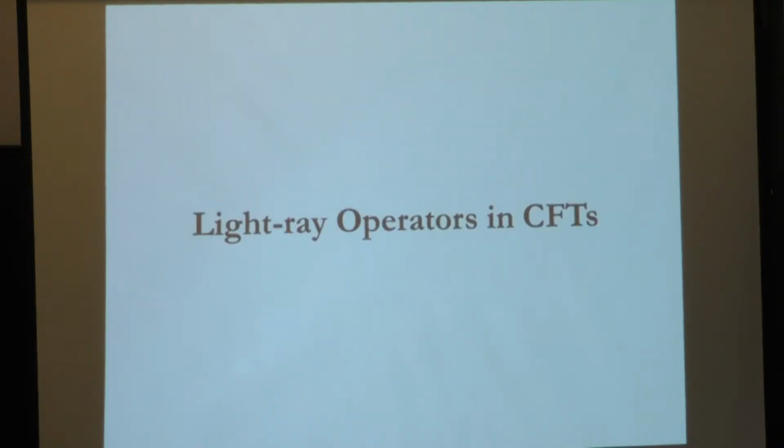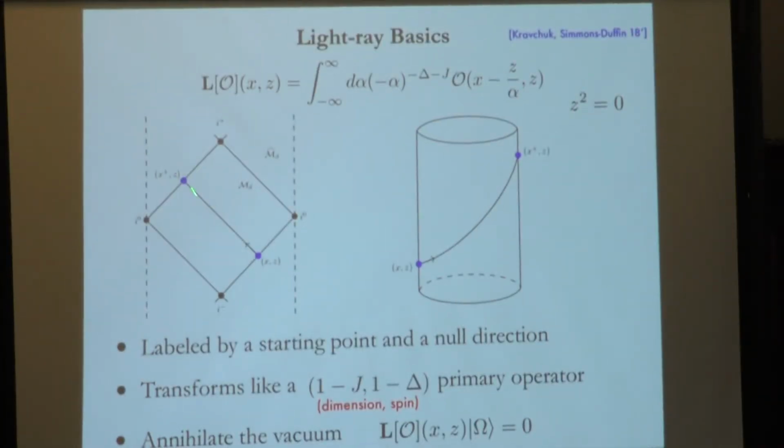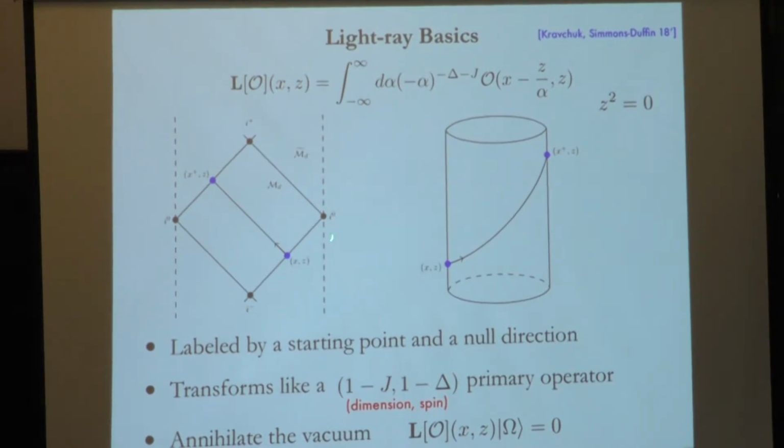Okay, so let me tell you about light ray operators in conformal field theories, and this is slightly more general. The idea is that a conformal field theory is defined in Minkowski space. So you take your local operator and integrate over a light ray, so it goes from minus infinity to plus infinity. This is a Penrose diagram of Minkowski space.